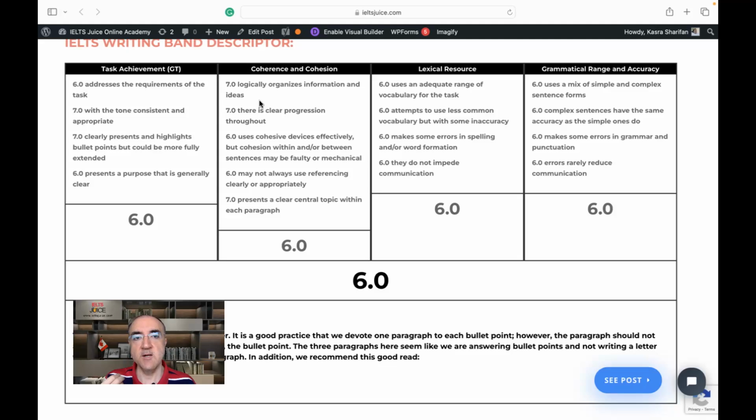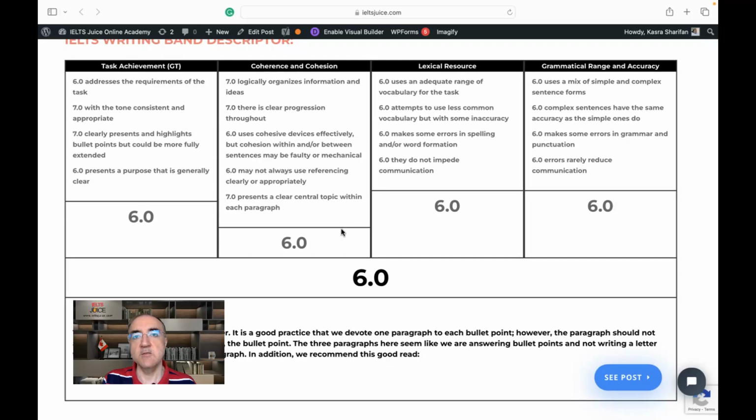And the referencing: it, them, and then the which, that, we had to guess where these words lead us to. That would be another problem that would make it a 6.